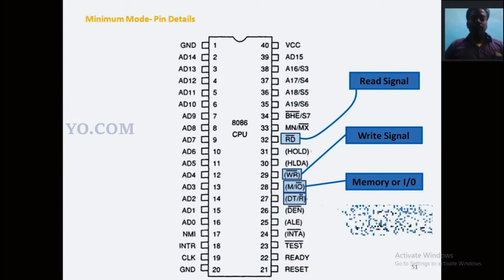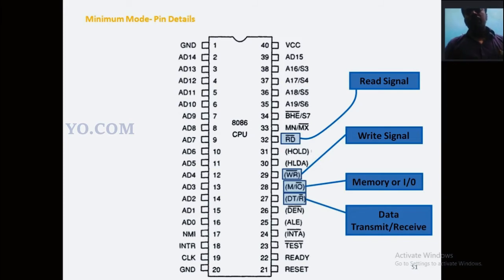The next one is data transmit or data receive. The 4 pins, pin numbers 32, 29, 28, 27, are combined together, because if you want to perform any read and write operation, we must enable and disable these pins.